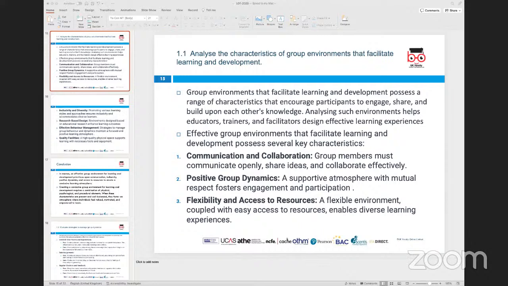So when we talk about the characteristics of a positive learning environment, we are essentially talking about things which are going to be critical components of how skill-based education can be delivered within a classroom-based setting.